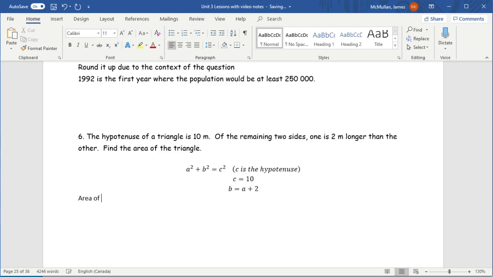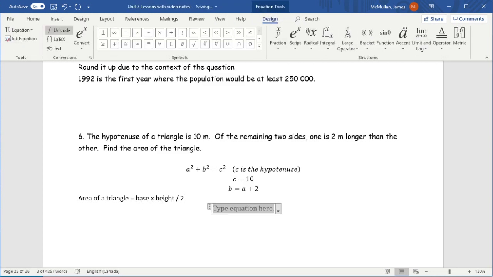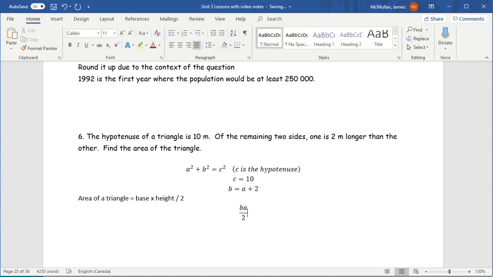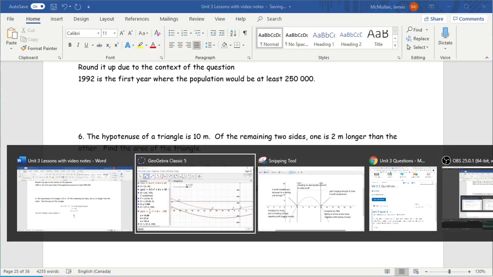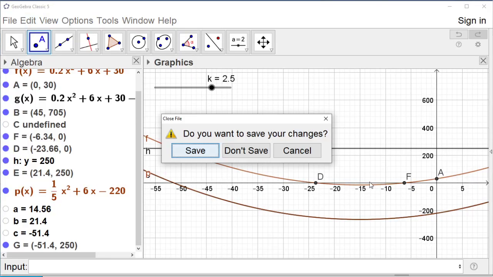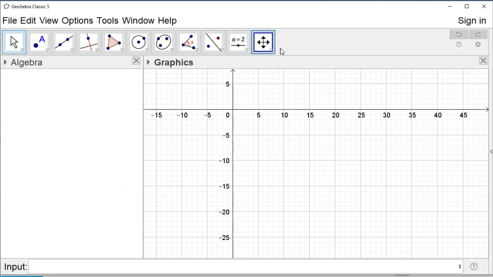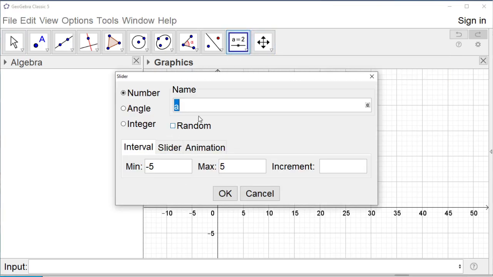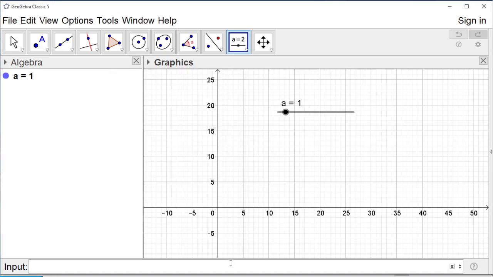The area of a triangle is equal to base times height divided by 2, which if you draw the picture, you should have BA divided by 2. Let's just quickly draw this one so you can see what I'm talking about. What I'm going to do here is make a slider for A, between 0 and 10. We know it's not going to be bigger than 10 because that's the hypotenuse. So side A I'm going to draw first.